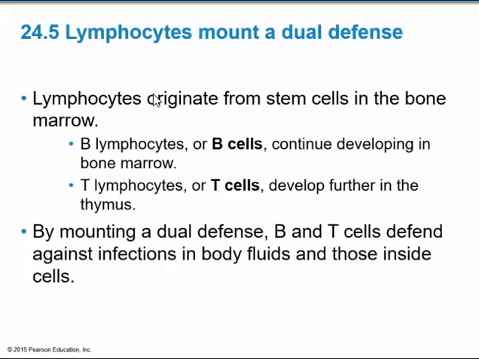Lymphocytes originate from stem cells in the bone marrow. There's two types: B lymphocytes, which once developed they mature in the bone marrow, and T lymphocytes, which once they form, go to the thymus and complete their development there. So B and T cells are the main parts of adaptive immunity.